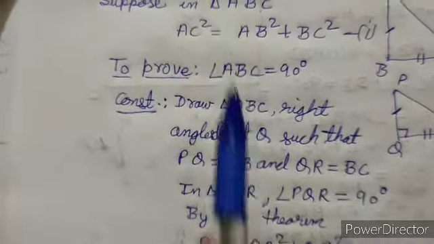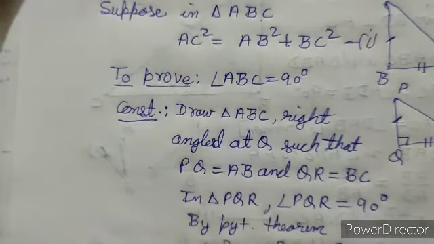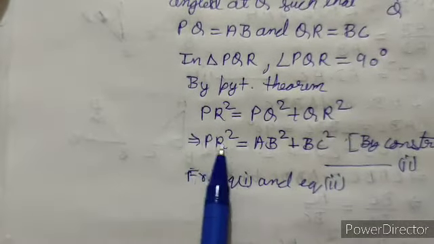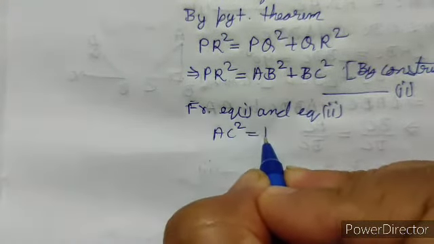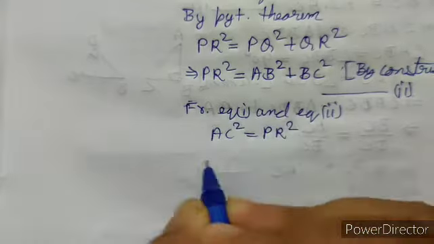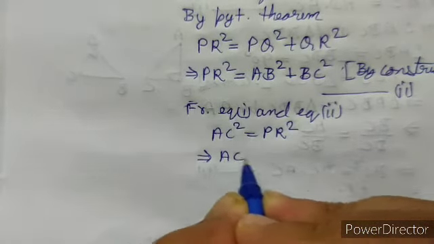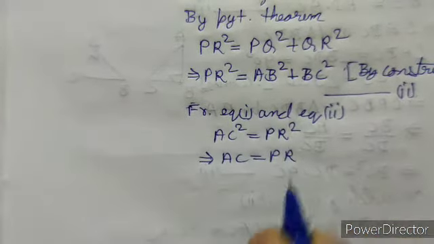Therefore their left hand side will be equal. That means AC square will be equal to PR square, and that means AC will be equal to PR.